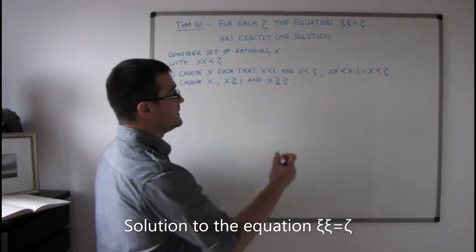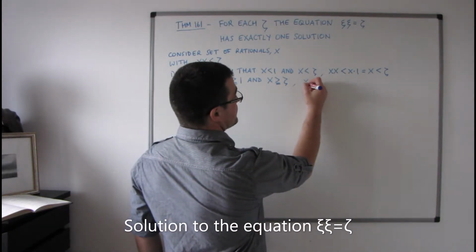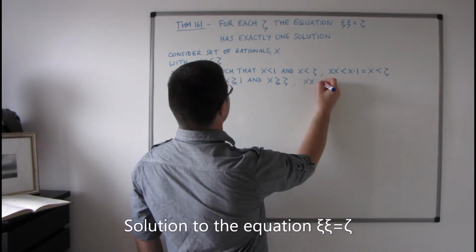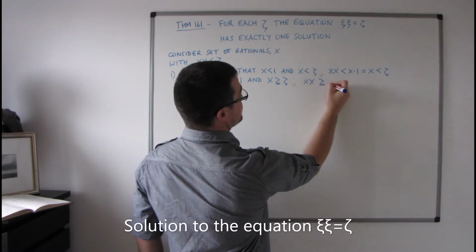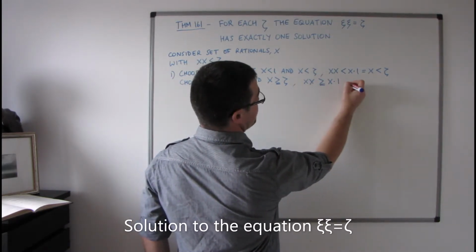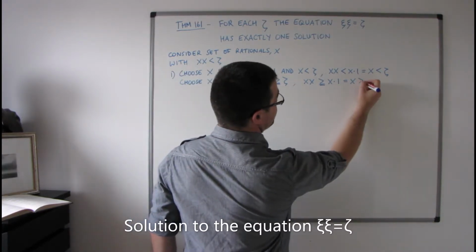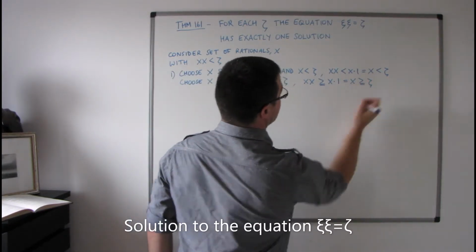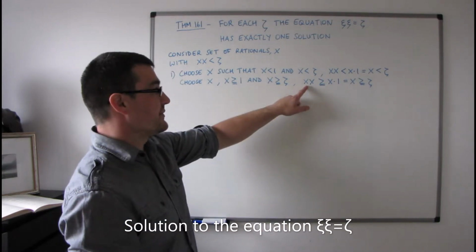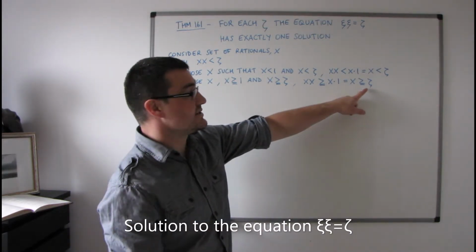we can do this. So we get x times x is greater than or equal to x times 1, which of course is equal to x, which is greater than or equal to zeta. So x times x is greater than or equal to zeta.